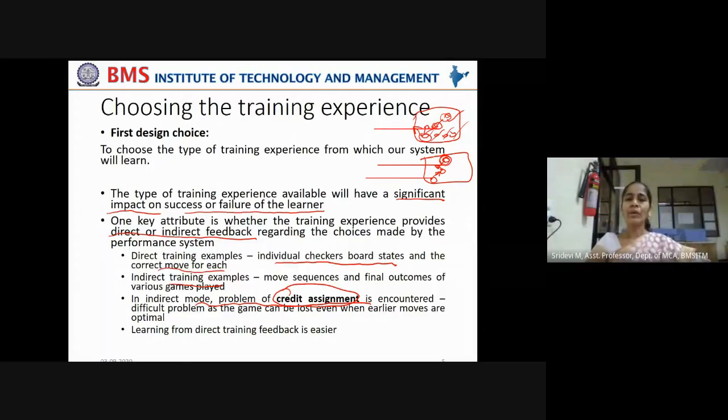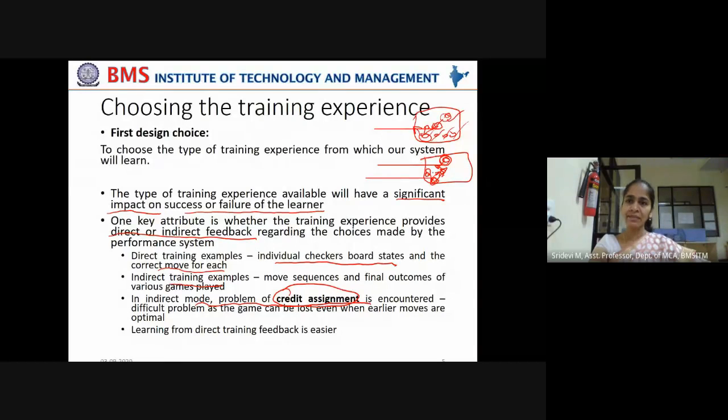Okay, now in indirect mode, the problem of credit assignment is encountered, meaning whether this sequence of steps results in winning the game or not. Now, if this step is taken, it is winning the game, yes. But if this step is taken, leaving aside the intermediate steps taken, the final result is losing the game.